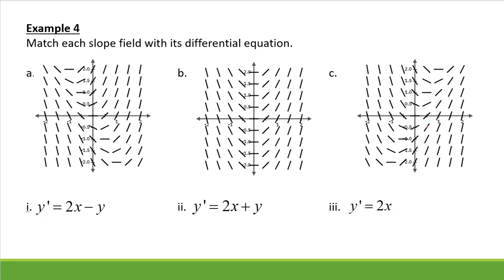Among the equations, 1 and 2 are very similar, and 3 is kind of an outlier. y prime equals 2x: even if I solve that, it would end up looking like a quadratic. But whenever I plug in x equals 0, my slope, dy/dx, would equal 0. So look for those zero slopes. My zero slopes are here, so I know that this one goes with B.